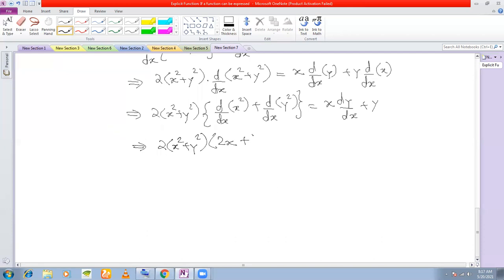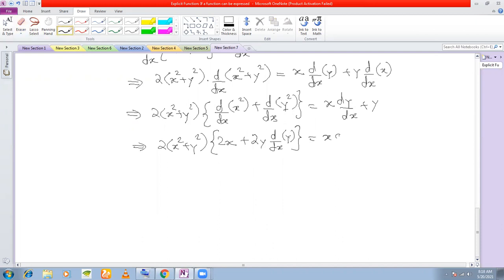And ddx y square is, how will I differentiate y with respect to x? First differentiate y square with respect to y to get 2y. And then differentiate y with respect to x, that is dy dx. Okay. So I'm doing this step by step as I told you. After this, these two sums I will be doing directly. Okay.